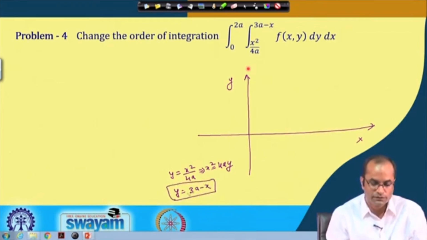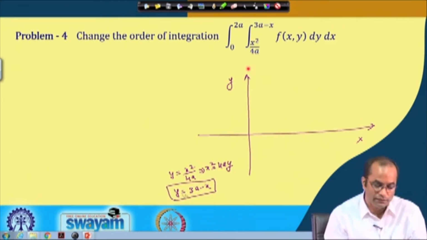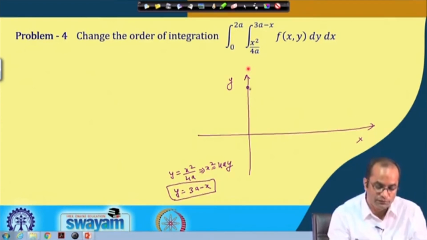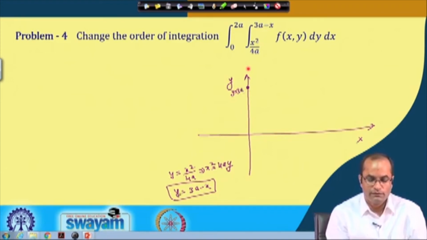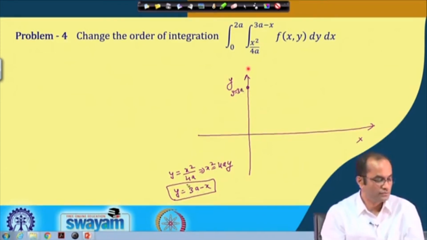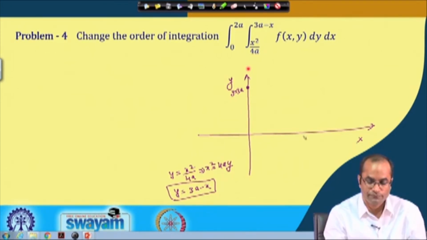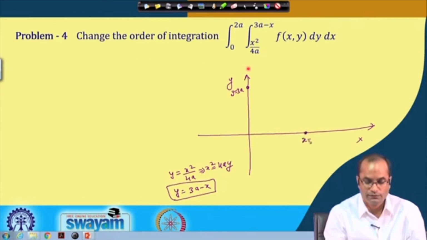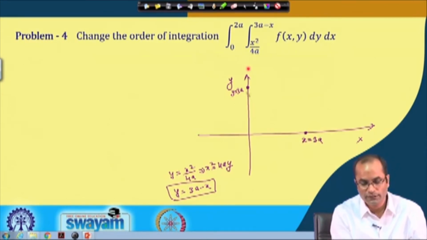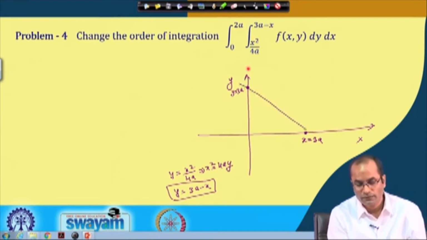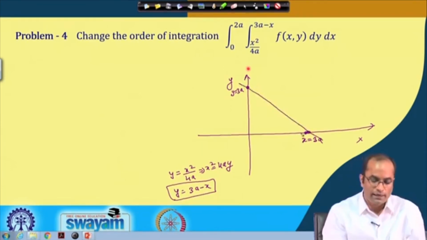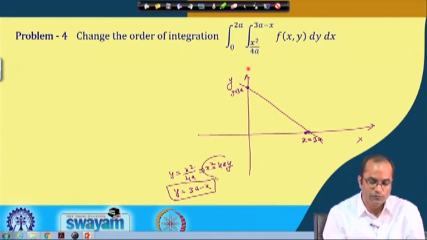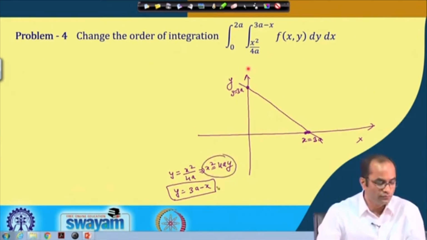So, let us draw first this line. At x equal to 0, y is equal to 3a, and when y is 0, x is 3a. So, x is equal to 3a here. So, this is the line, and now we have x square is equal to 4ay.